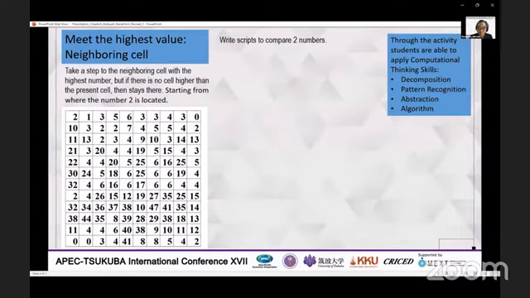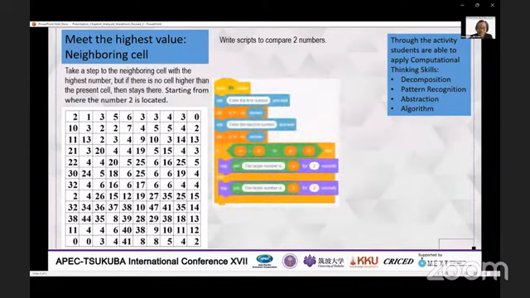Now we are going to use Scratch programming for comparing 2 numbers. This one comes from what the students learned in the previous activity.